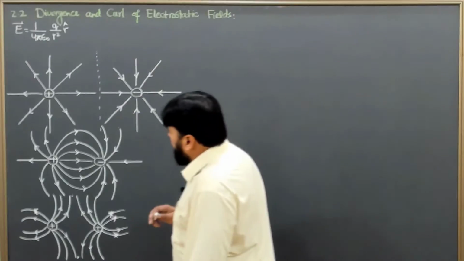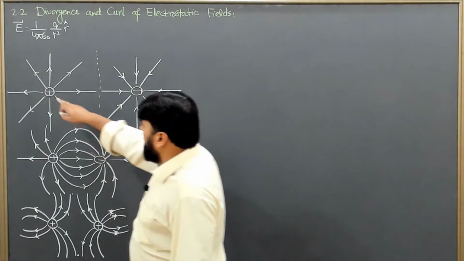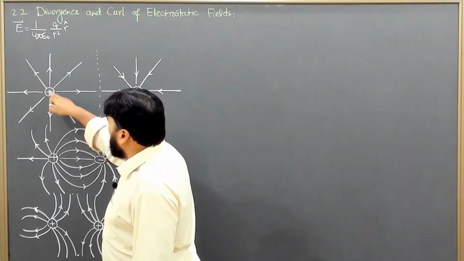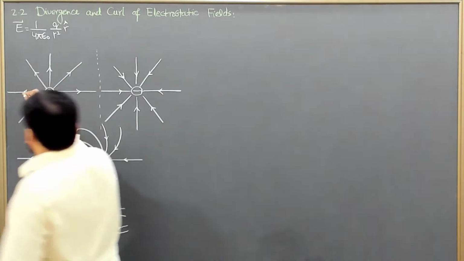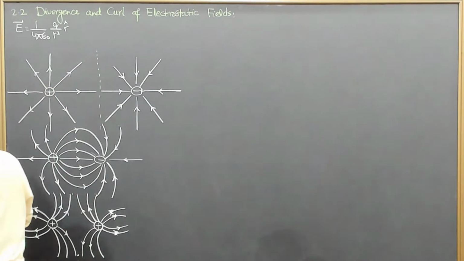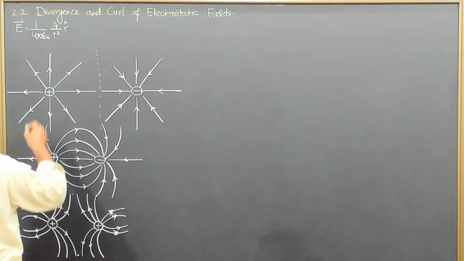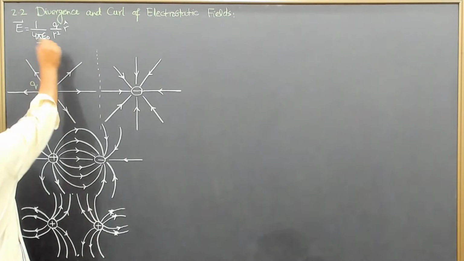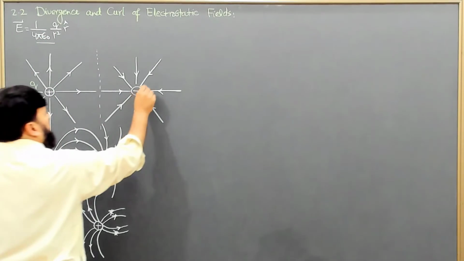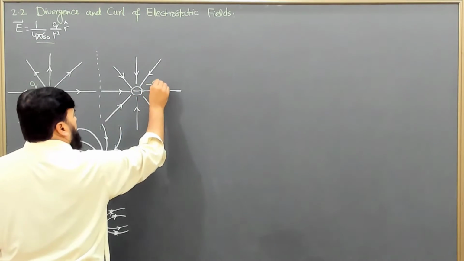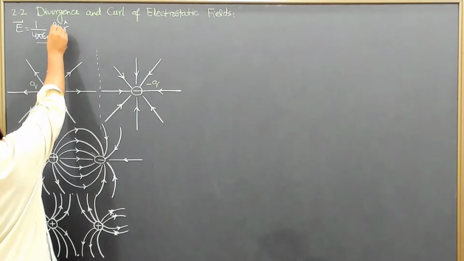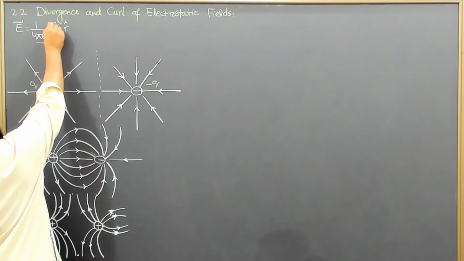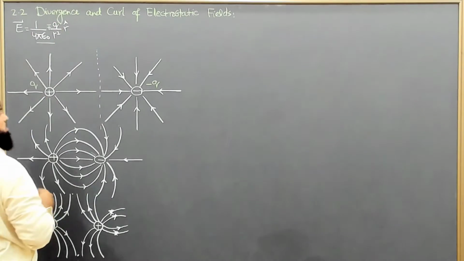Now if I consider the electric field of this charge, if this is charge Q, then the electric field will be equal to this one. While for the same charge but minus Q, the electric field will be replaced with a minus, like plus and minus.